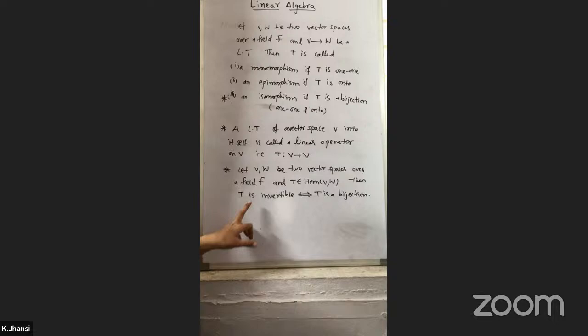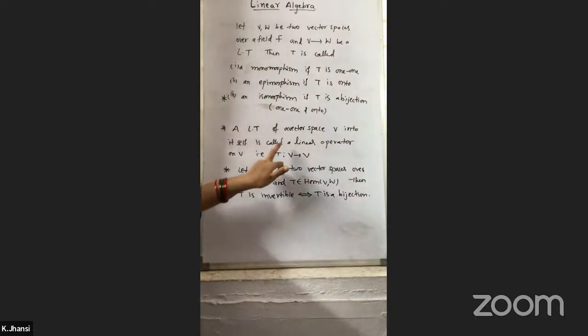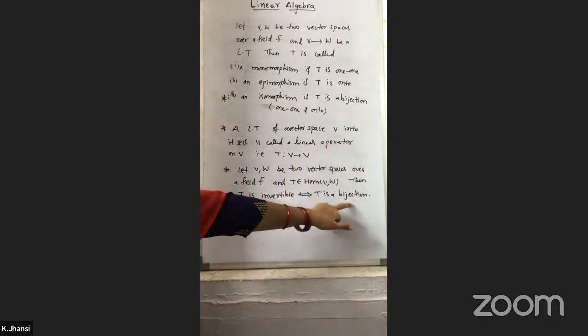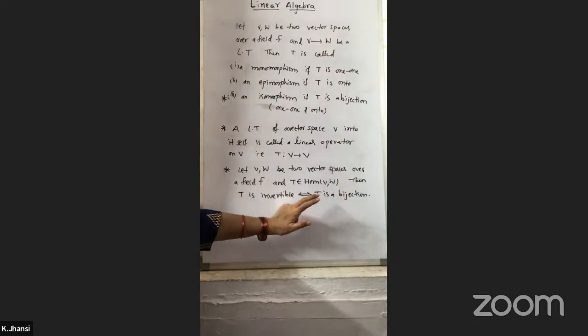To find T inverse, what are the conditions? It should be one-one and onto. Bijection means we have to show that the definition of T given in the question satisfies the one-one condition and the onto condition. For such problems, one more condition is there in your textbook.